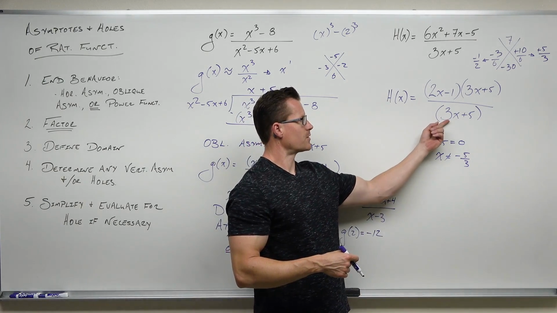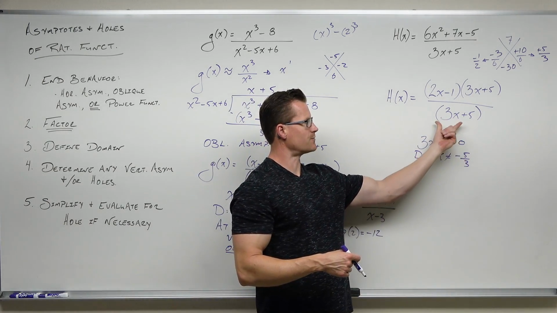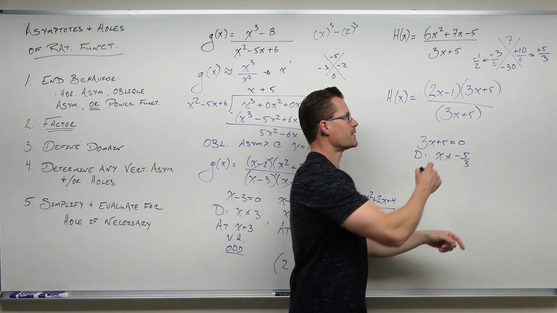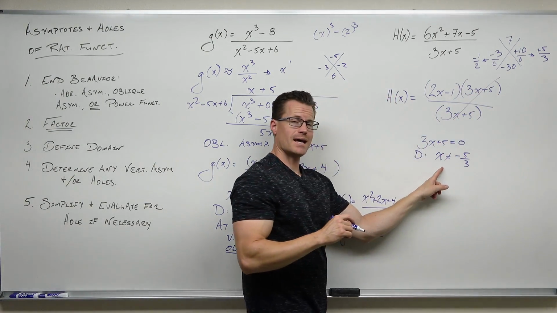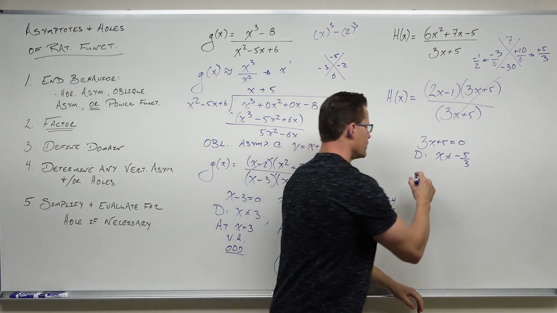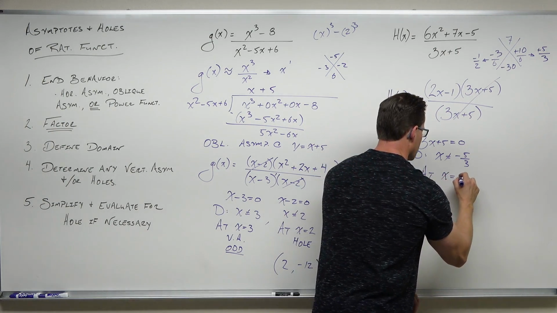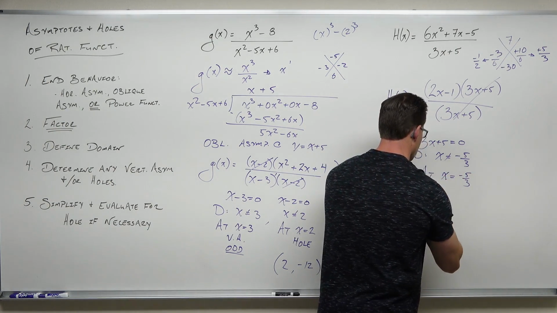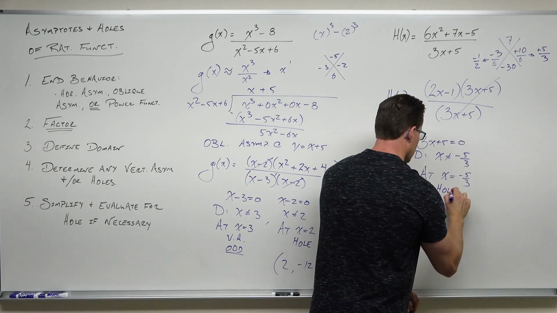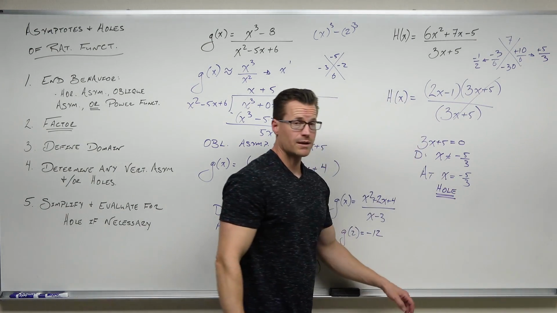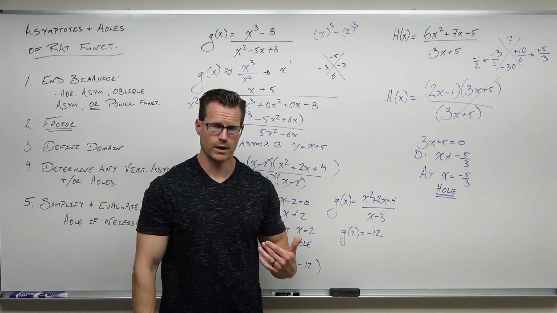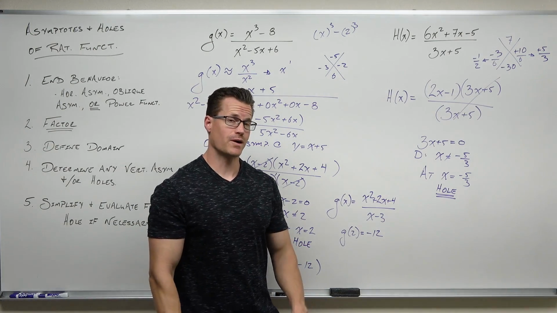If we look back at 3x plus 5, the factor where we got -5/3, you can cancel that. That means that at x equals -5/3, we're going to have a hole. Now, we're going to have to plug that in and figure out where that hole is. But notice that we can simplify our function now.